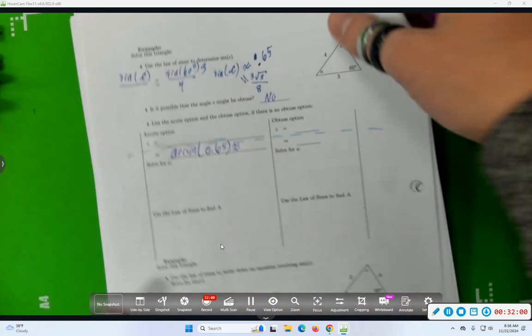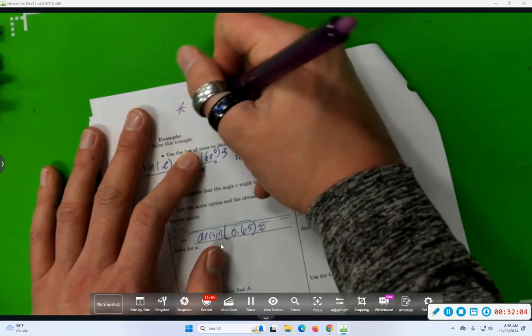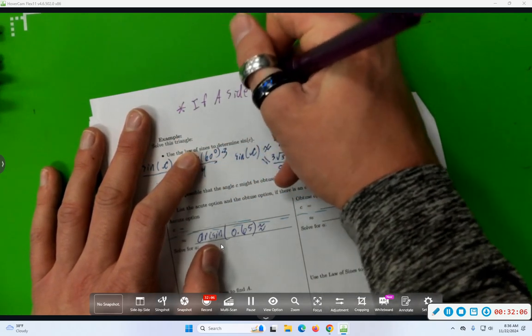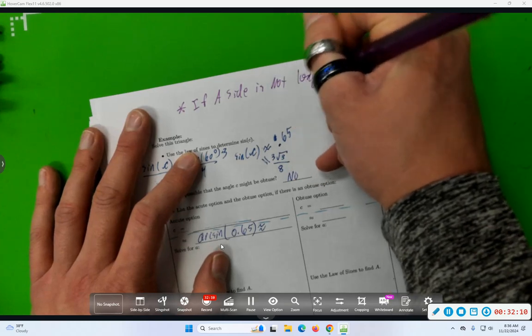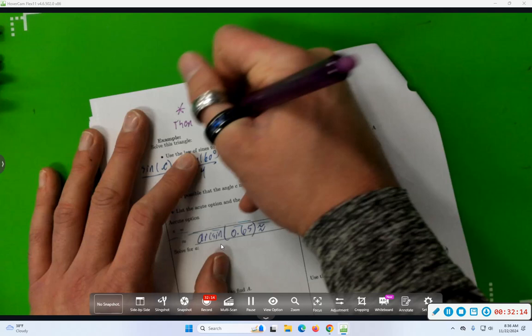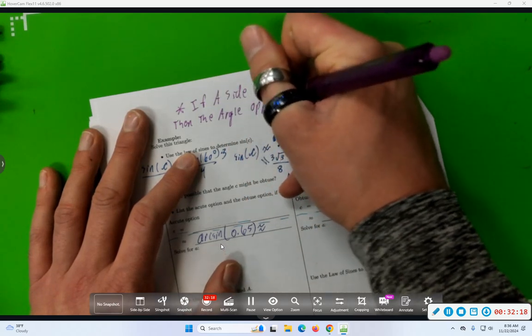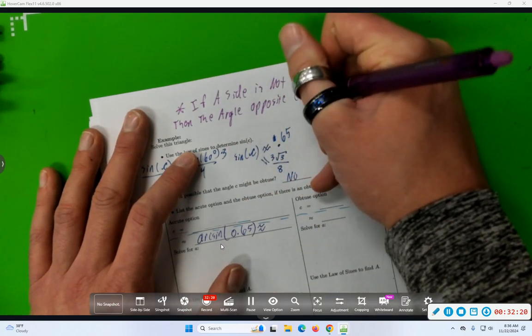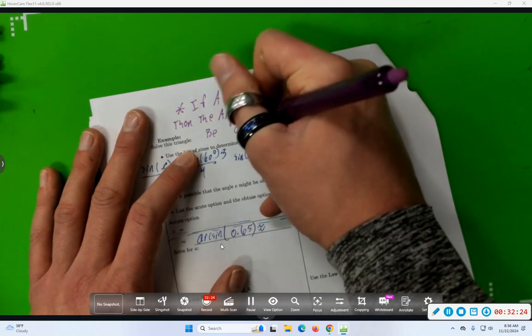And here's maybe the big takeaway here. If a side is not the longest in a triangle, then the angle opposite cannot be obtuse.